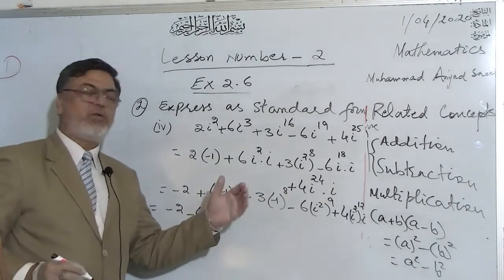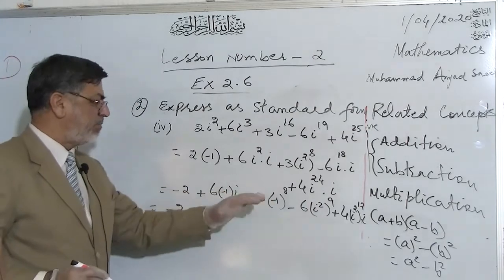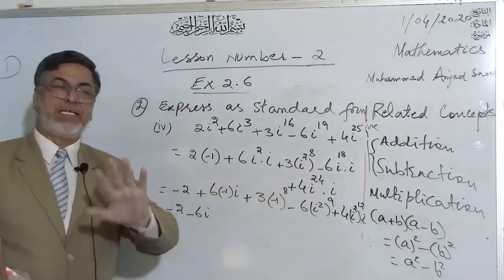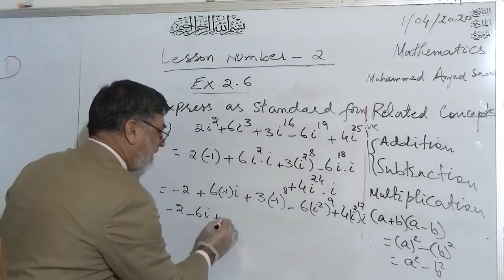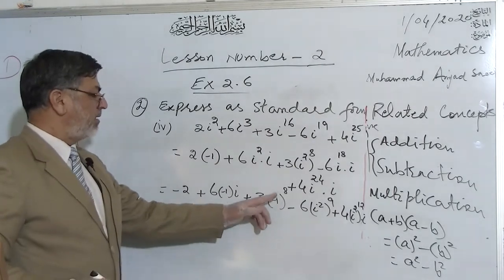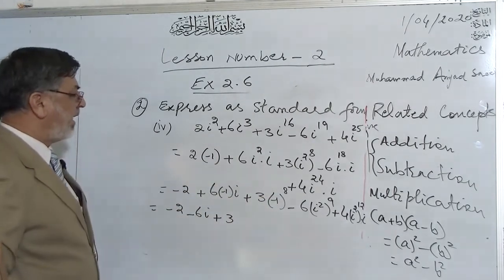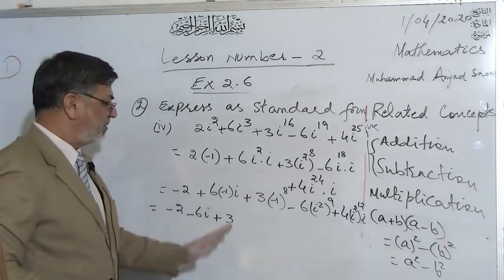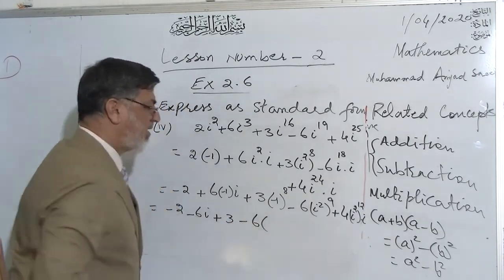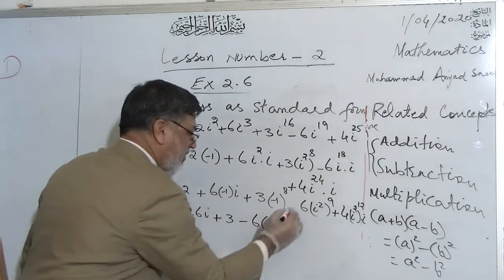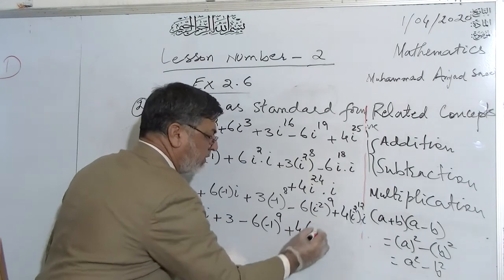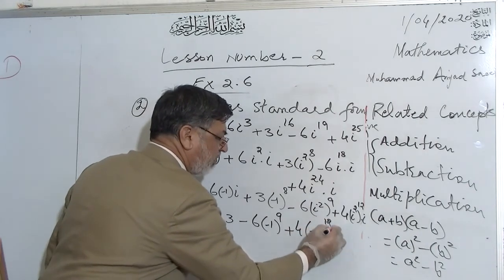Remember that I told you in the previous exercise that even power always makes the sign positive. So you will have plus 3, because minus 1 power 8 is 1. And minus 6 iota 18, that is minus 1 whole power 9, plus 4 into minus 1 power 12 into iota.